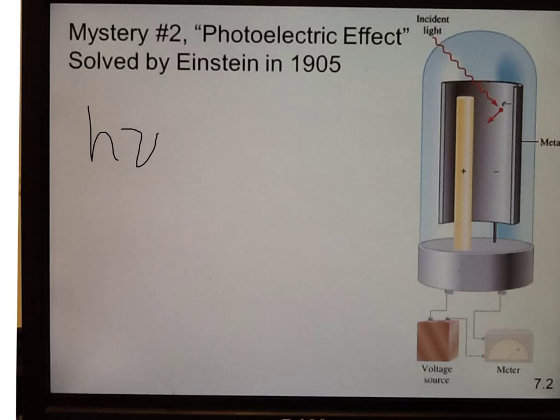times nu has to equal the binding energy plus the kinetic energy of the electron as it's removed from the sodium metal plate. You see, when the blue light hits it, okay, the energy of the blue light is not directly related to its intensity. It's directly related to its frequency.